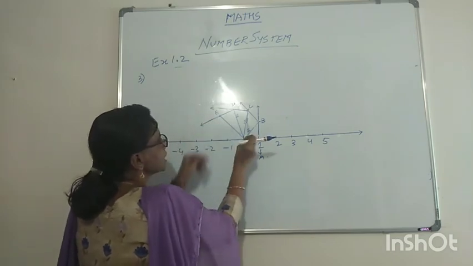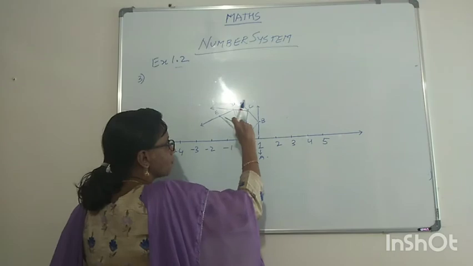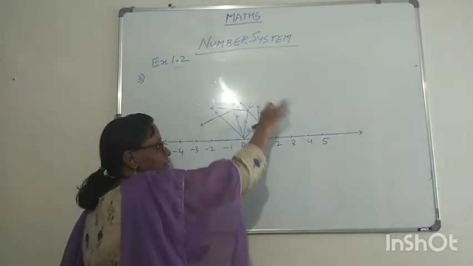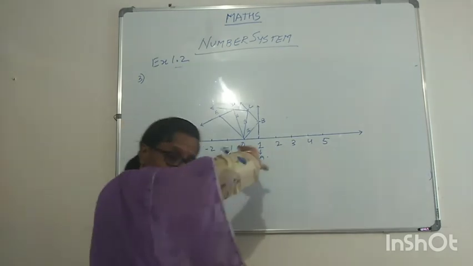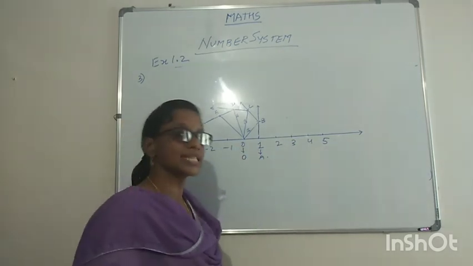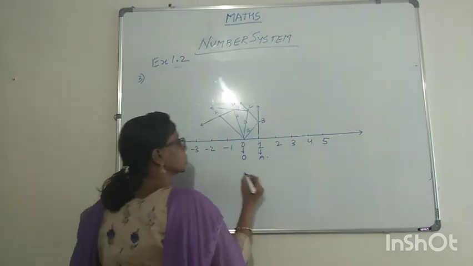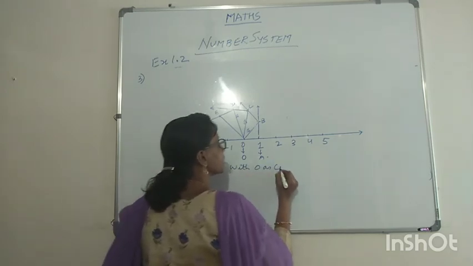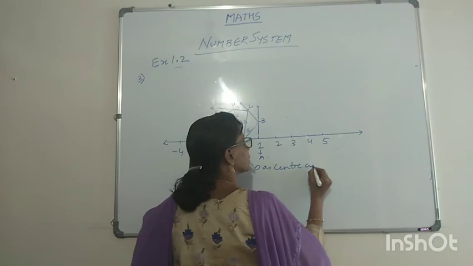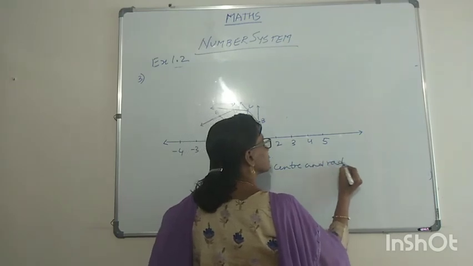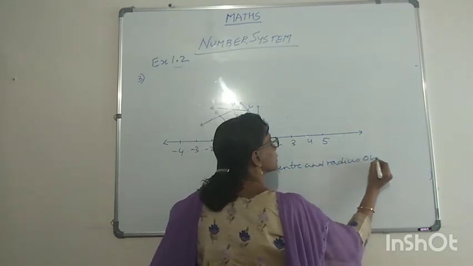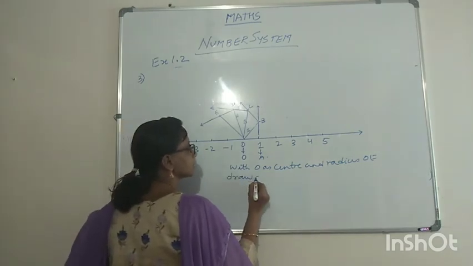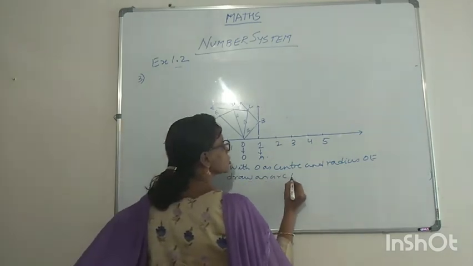Keep the compass at O. After having measured OE, draw an arc on the number line and see where it cuts. So with O as a center and radius OE, draw an arc to cut the number line.